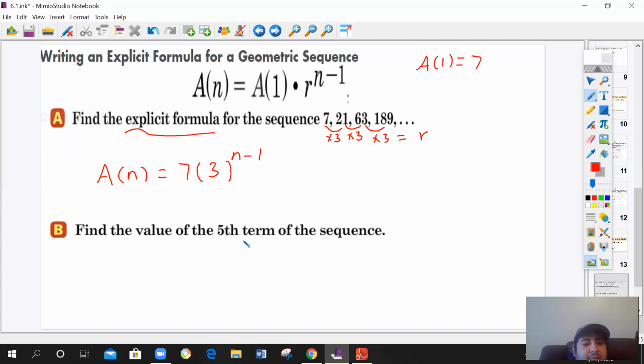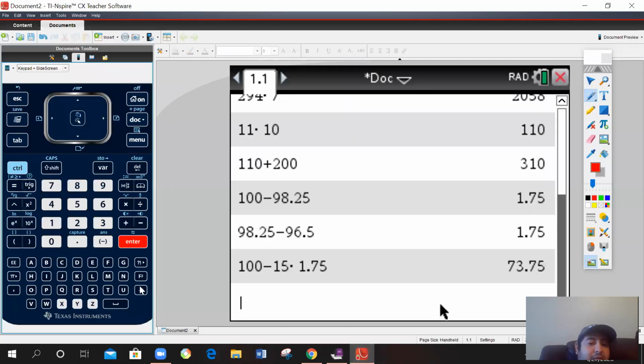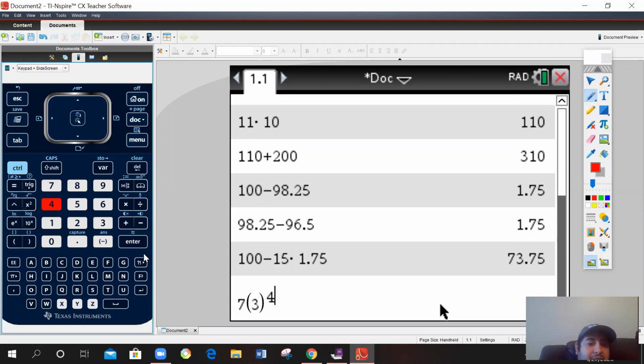Now it's telling us to find the value of the fifth term. So that's going to be your n. Technically we have 7 times 3 to the power of 5 minus 1, which is 7 times 3 to the power of 4.